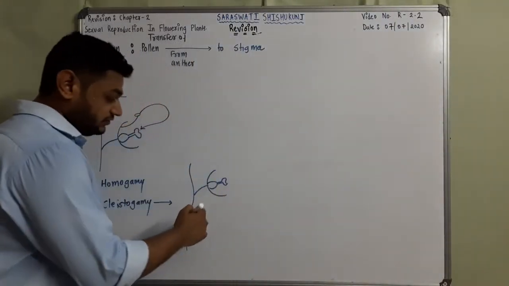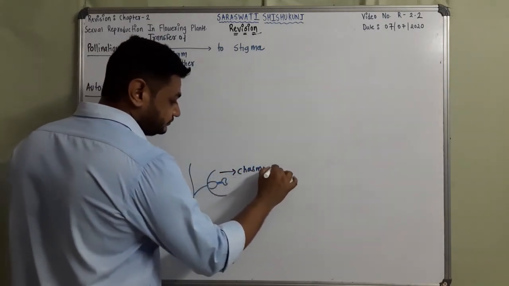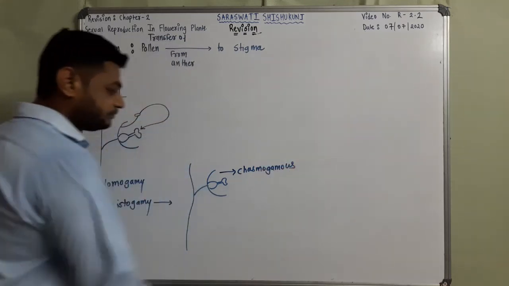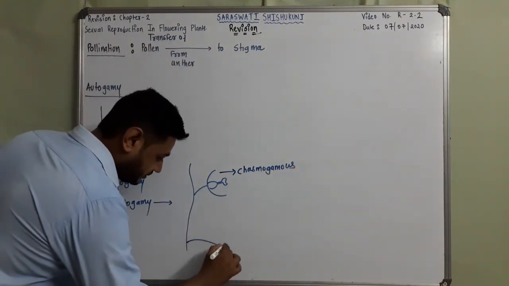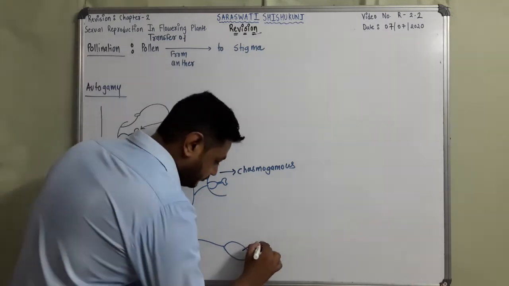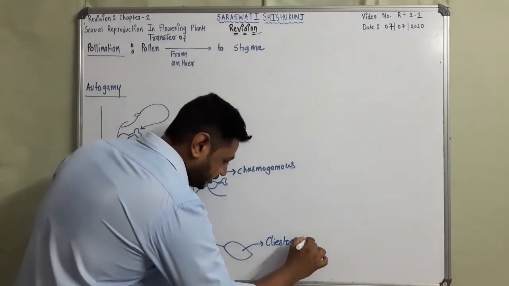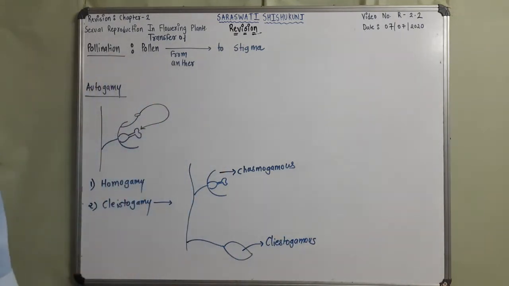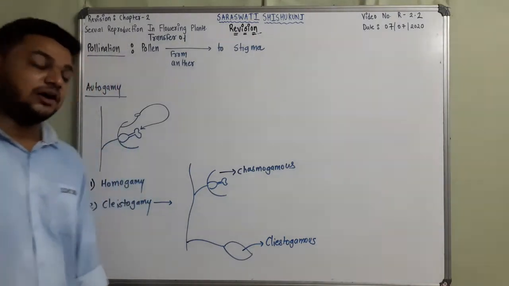One is chasmogamous, which opens at maturity, and the second is cleistogamous, which does not open at maturity. So when it does not open, definitely only the self pollen is going to germinate. Why? Because extra pollen is not going to come from outside.